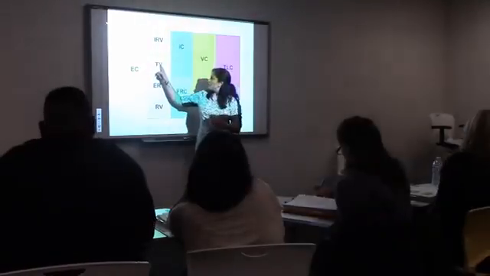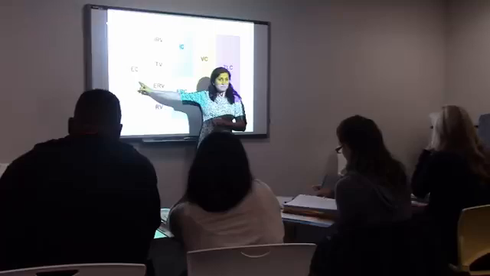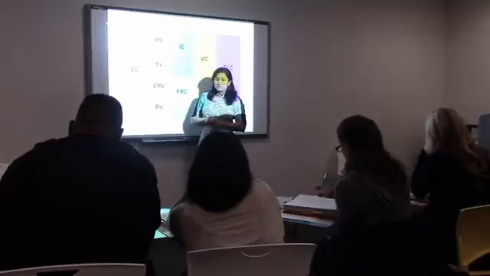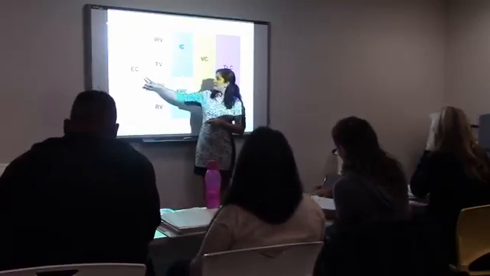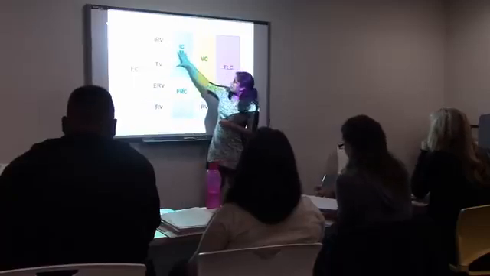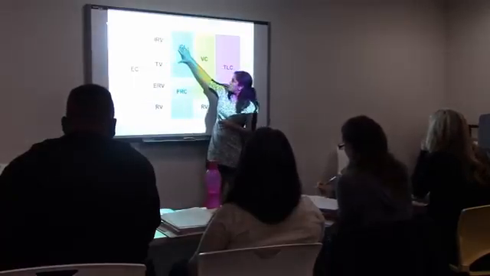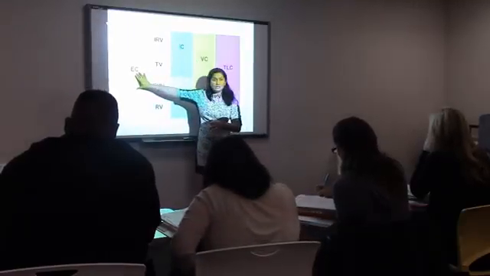So when you add TV and ERV, that gives you EC. Just look at the boxes right next to it. These two come together giving you the blue box. These two give together the yellow box.